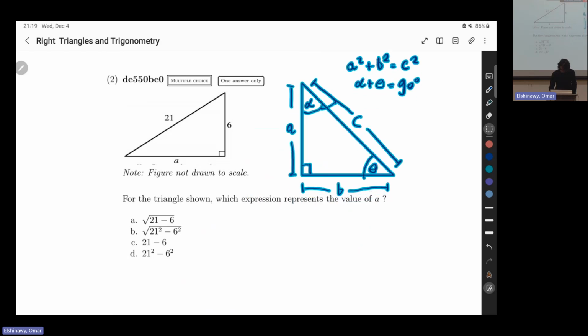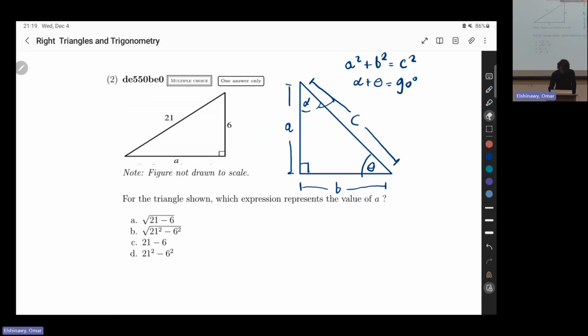Okay. And I'll remove the angles because in this case they're not interesting. So what do you think the answer would be? No, this one. 21 is C, right? 21. Well, yeah, it's the hypotenuse, right? It's the side that's in front of the right angle. So C. You need to write this down.